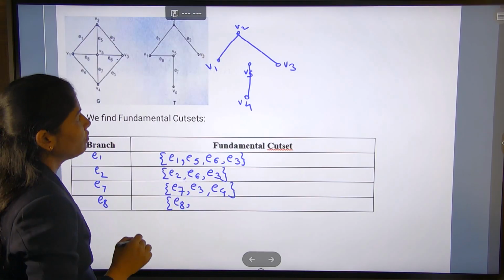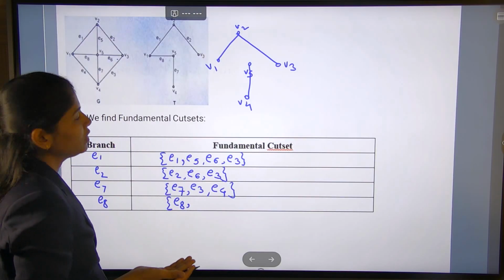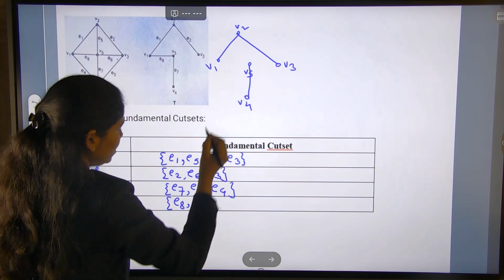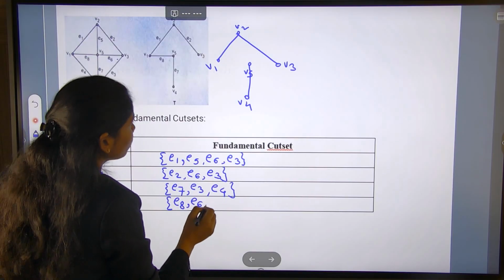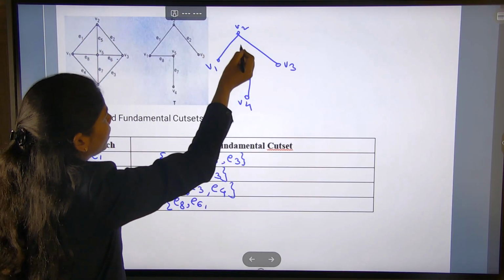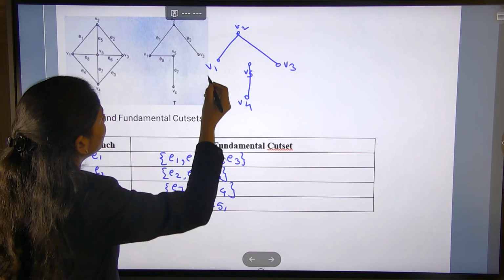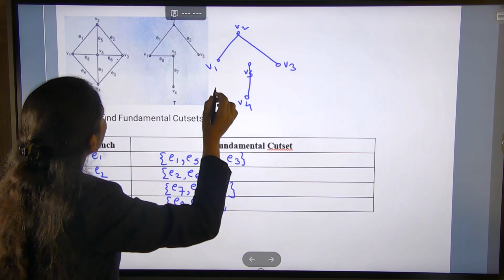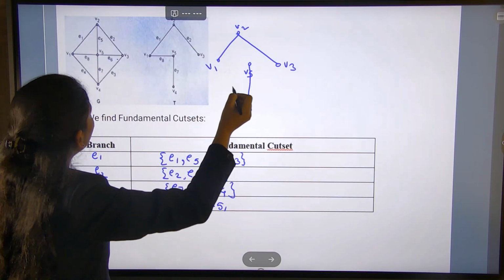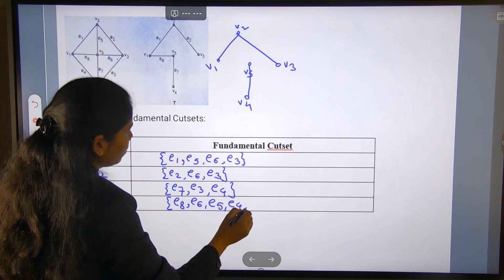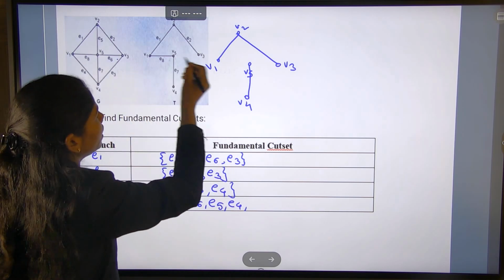So write down E8 first, then check for other chords. E6, if you join E5, again we get the connected one. E8 is already written. If you join E4, then E3.